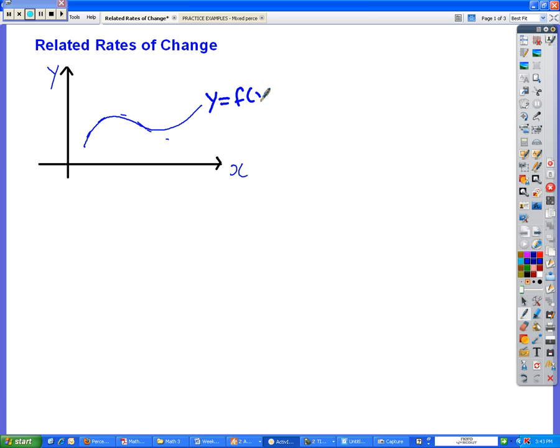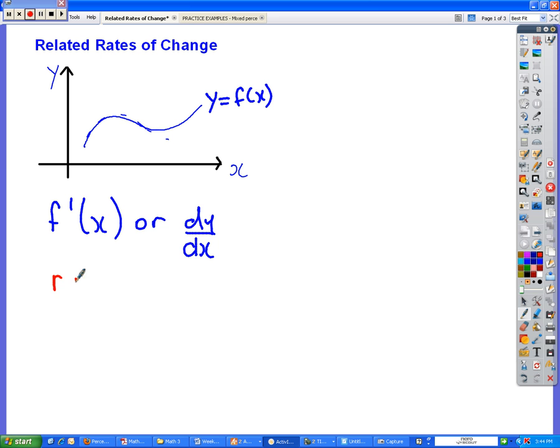Y is a function of x. What does it mean when we say f dash x or dy dx? There's a couple of ways we can say it. We know that it talks about the rate of change.